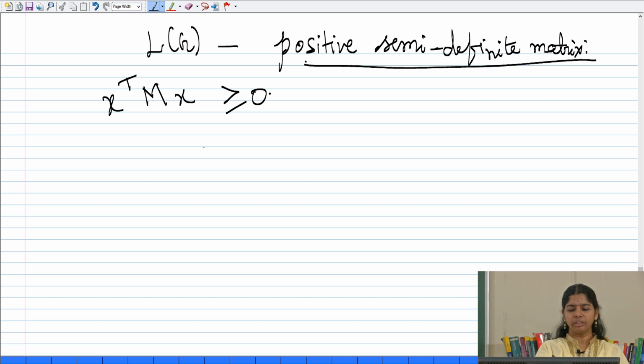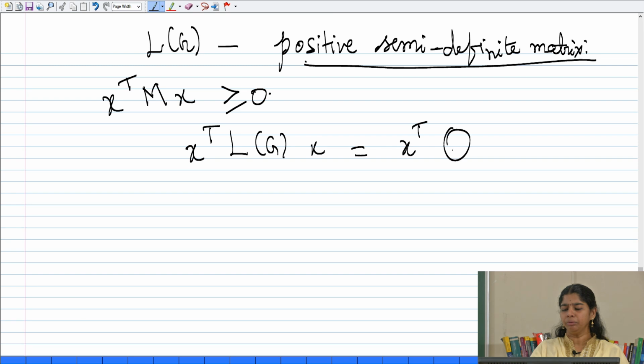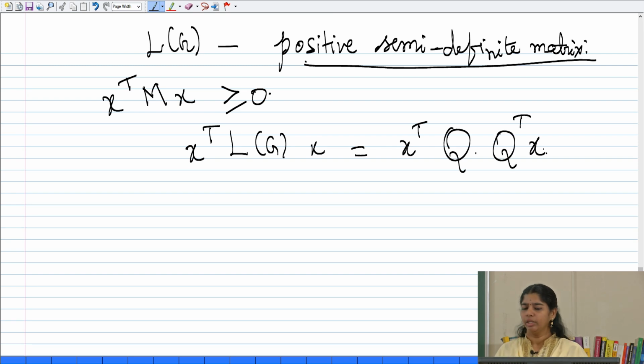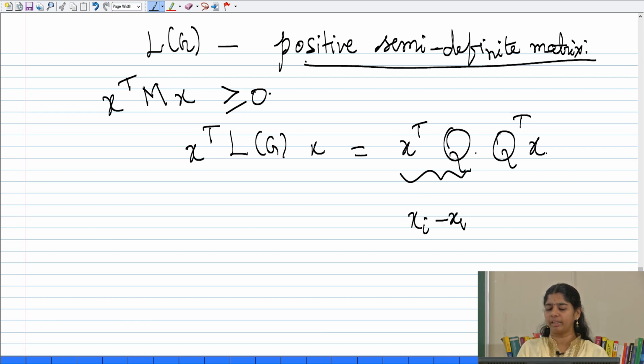Why? Because suppose I want to look at x transpose L x. So, what is this? x transpose Q transpose Q x, right. If you look at this x transpose Q, what do we know from the previous class, we have already seen this, right. We know that this will have entries looking like xi minus xj if i and j are adjacent.